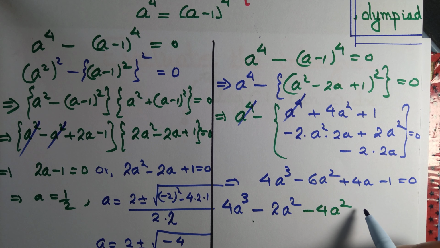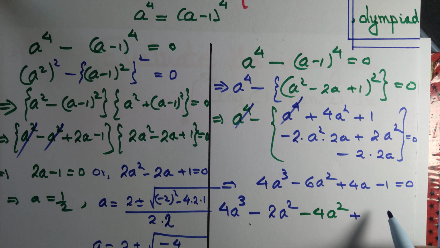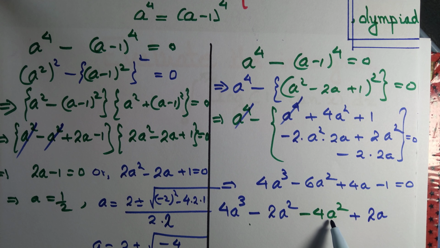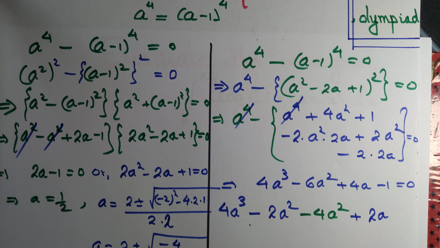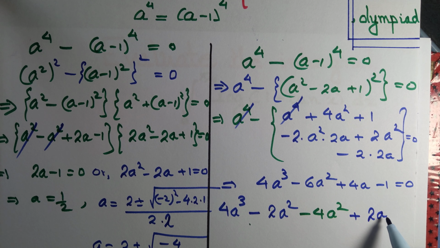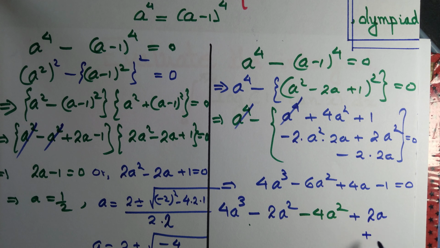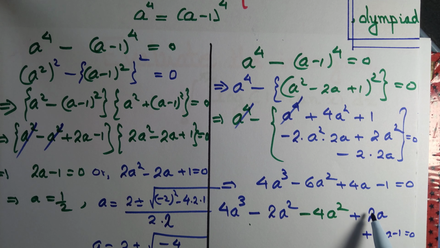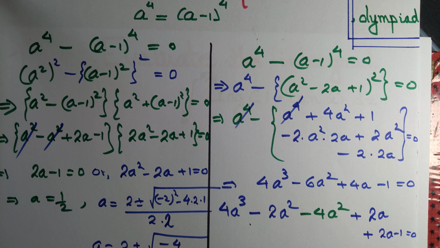But once again, I want a minus half common, so plus 2a. When I take 4a common, I'll get a minus half, yes. But when I write 2a here, I should further write plus 2a minus 1. So is this equal to this? 2a plus 2a, 4a, minus 2 and minus 4 gives you minus 6, yes.